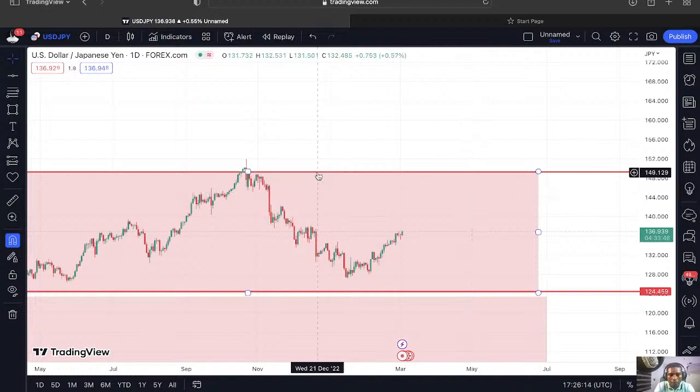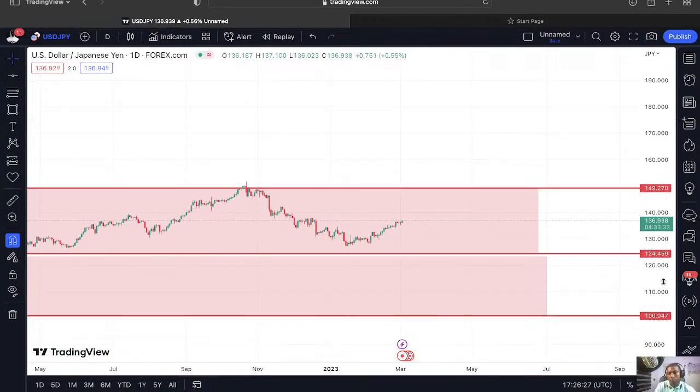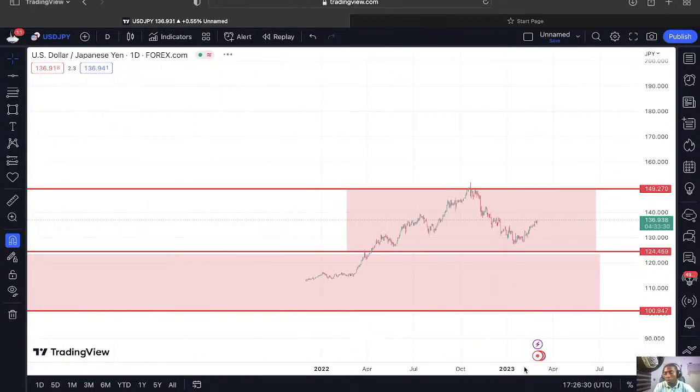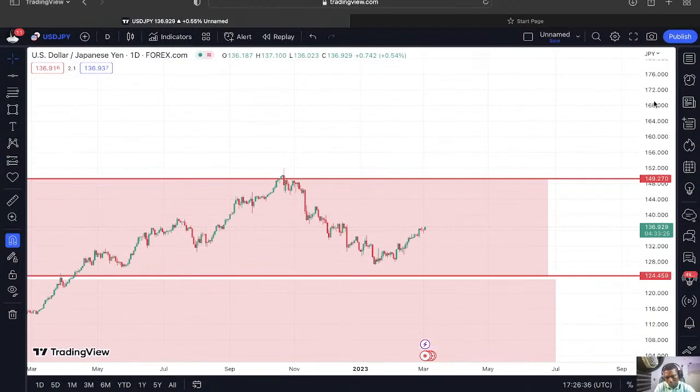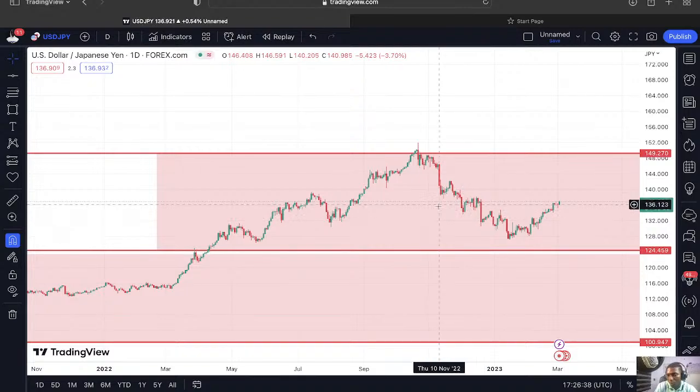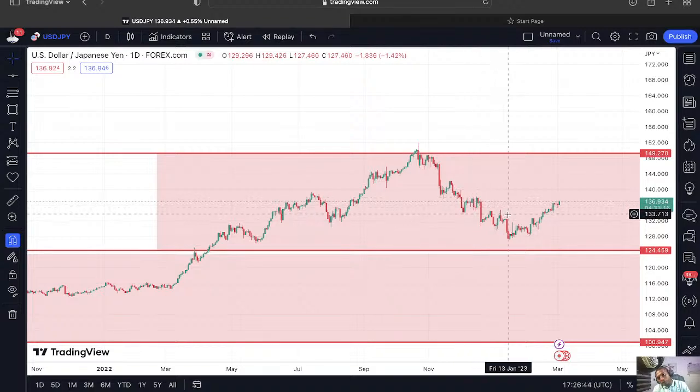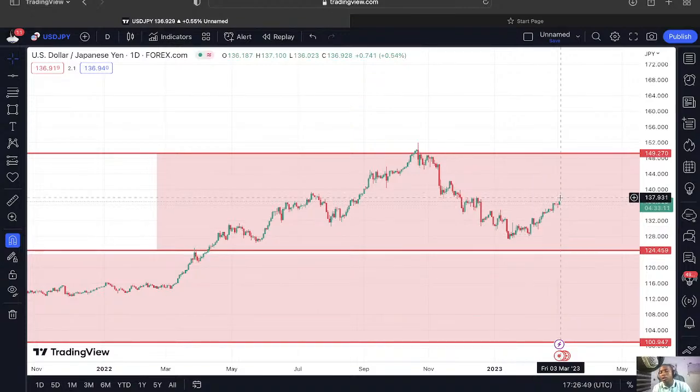So USD JPY, we will now see that price is trying to reverse back from here, because price consistently moved down, and when it got here, you can see how it consolidated a bit and then started moving up.